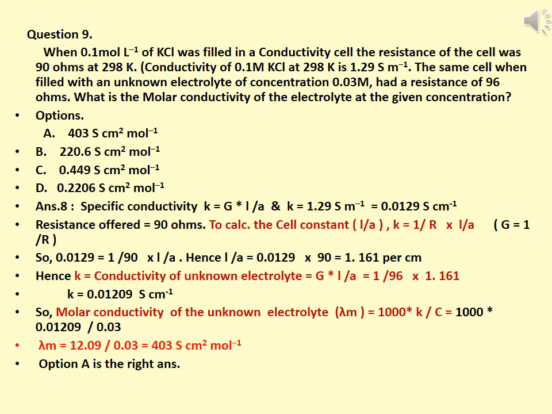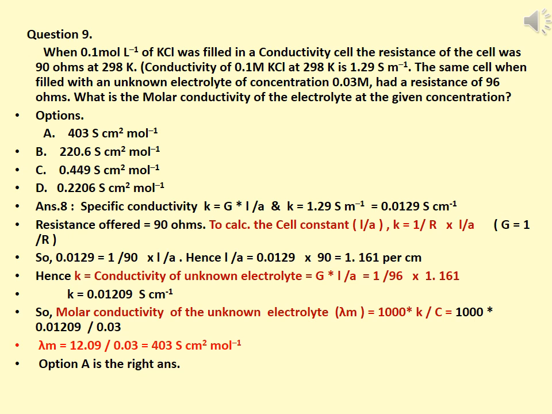Now, what about the resistance offered by this KCl solution taken in the conductivity cell? 90 ohms. So, to calculate the cell constant, which is L by A, kappa is equal to G into L by A. What is G? G is equal to 1 by R. Substitute the value of R as 90.